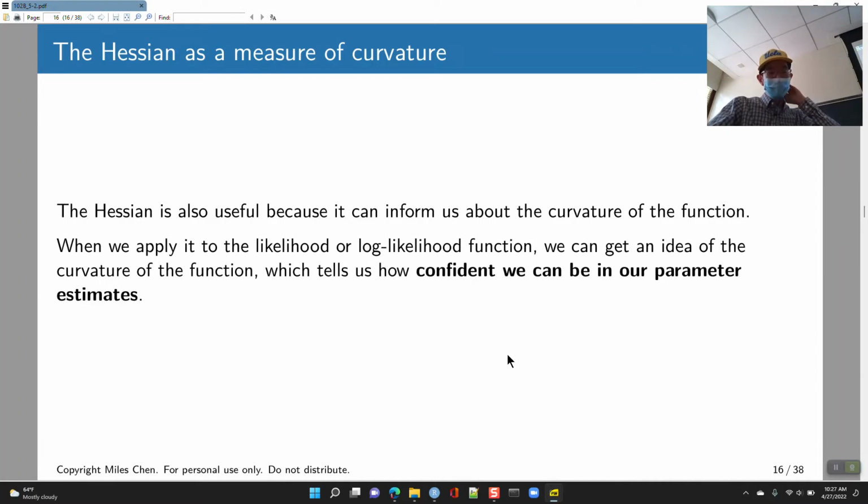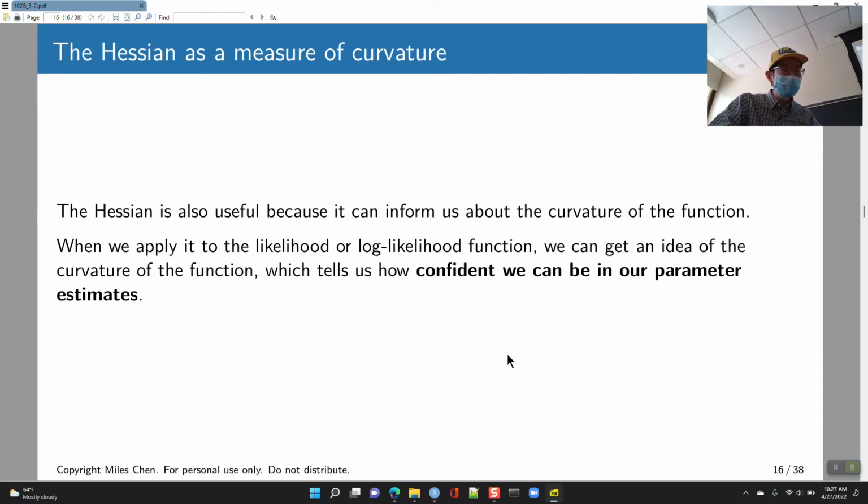So if you have a large second derivative, it means the slope changes rapidly, okay? And if we apply the Hessian matrix to the likelihood or the log likelihood function, we get an idea of the curvature of the function, and that in turn tells us how confident we can be in our parameter estimates.